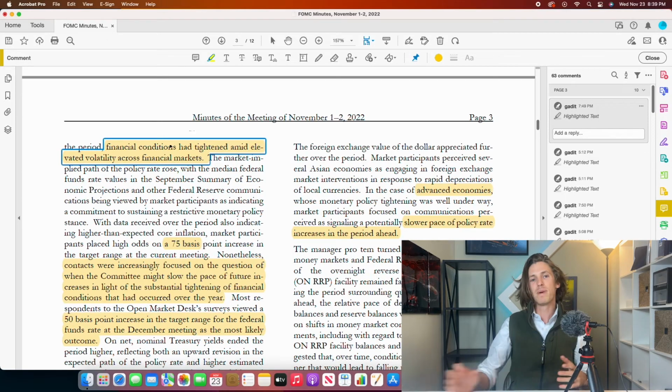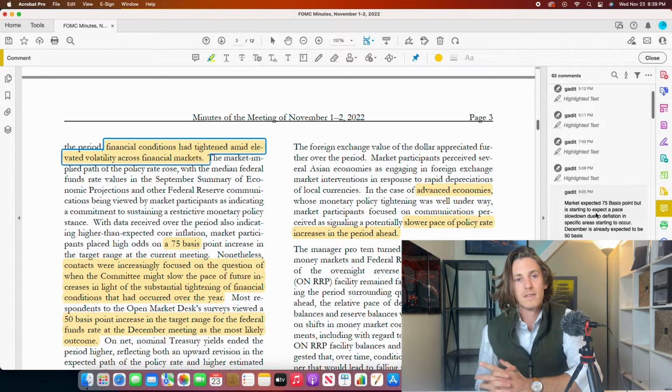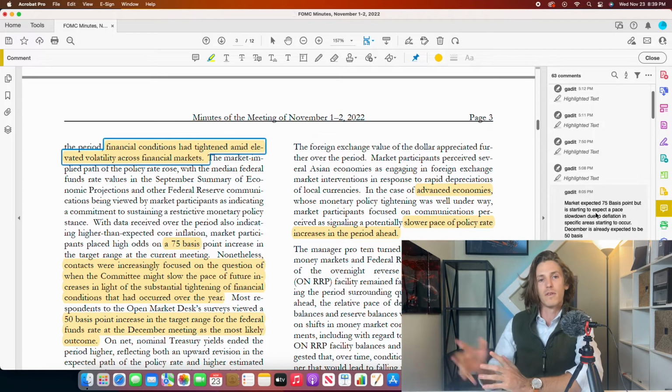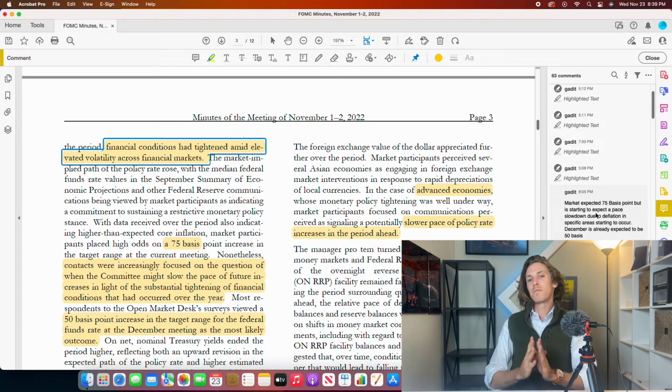So the market expected a 75 basis point increase at the past meeting. And that's what the Fed also saw because the data is readily available. But the Fed also noticed that people are starting to focus more on when the Fed will start slowing down and pivot rather than how much the rate will go up.